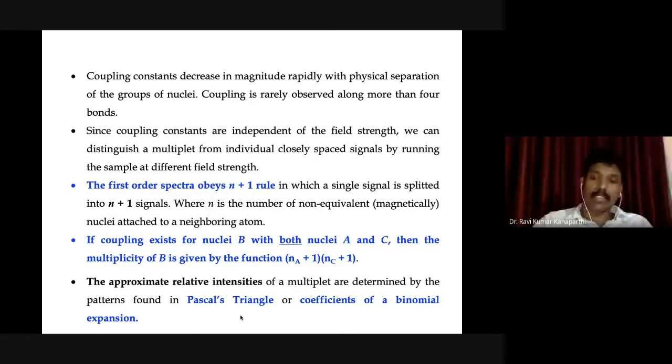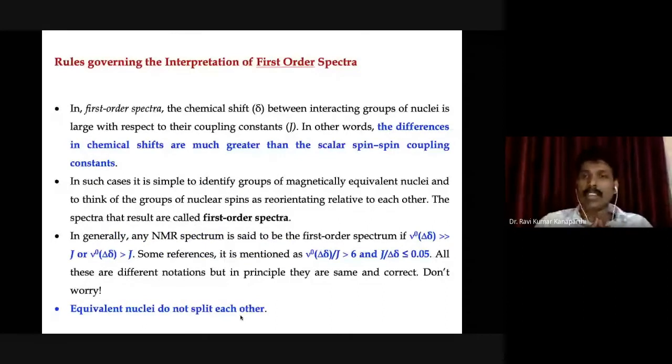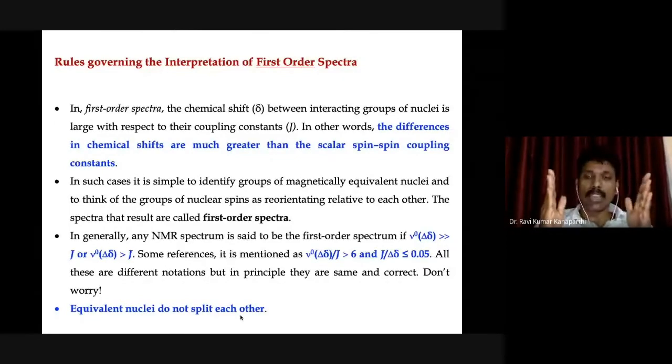So what are those? If you just recall, the basic difference is that the differences in chemical shifts are much greater than the scalar spin-spin coupling constant. Quantitatively, the ratio of the difference between two NMR peaks divided by the coupling constant is greater than 6.